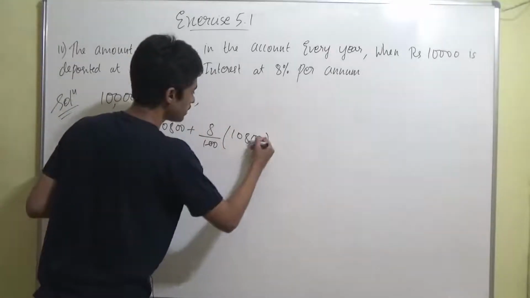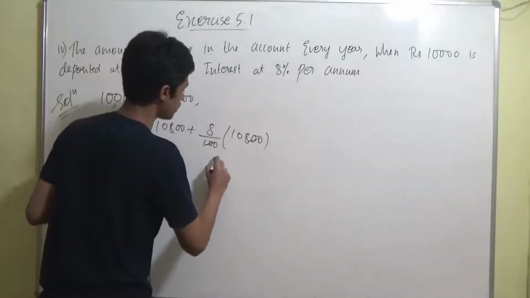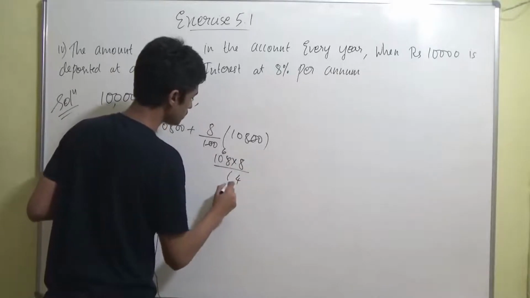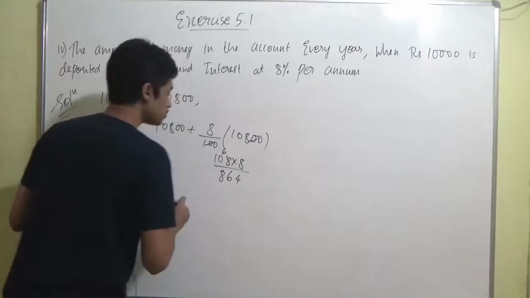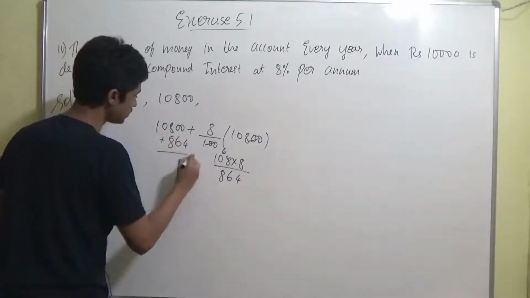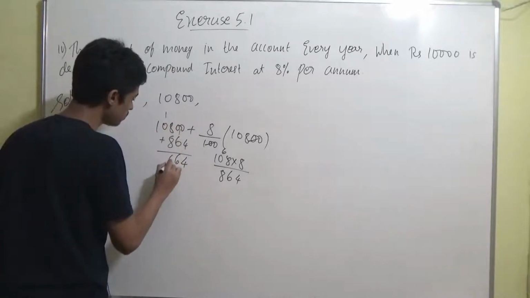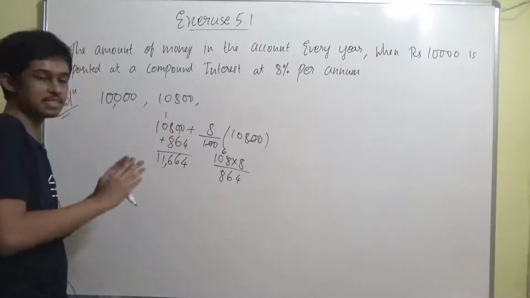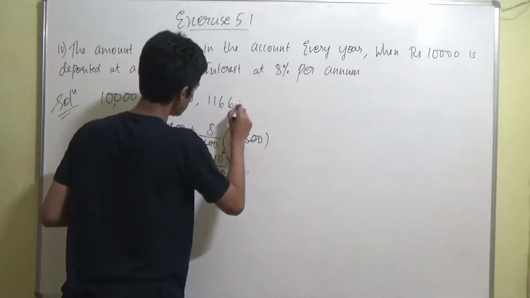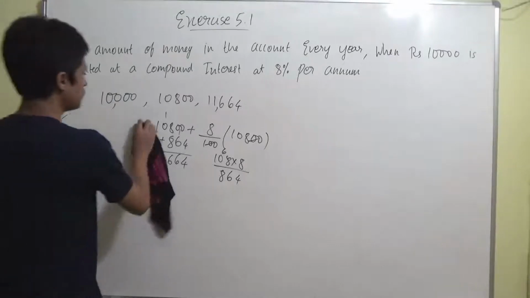So these two zeros and these two zeros are going to get cancelled, and here it will become 108 into 8. Okay, so 108 into 8 is 864. So it is like 10,800 plus 864, which is going to become 11,664. Getting it, guys? Right, so I'll rub this calculation part now.